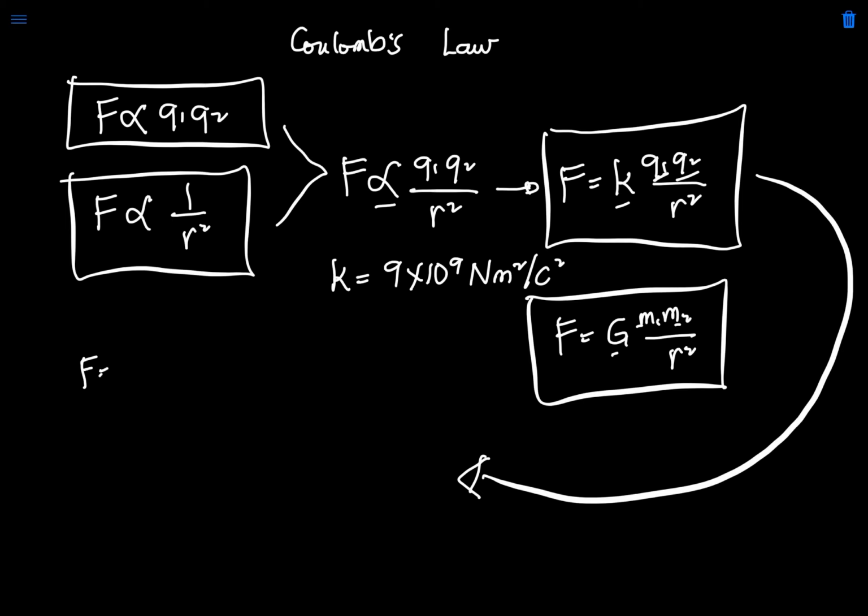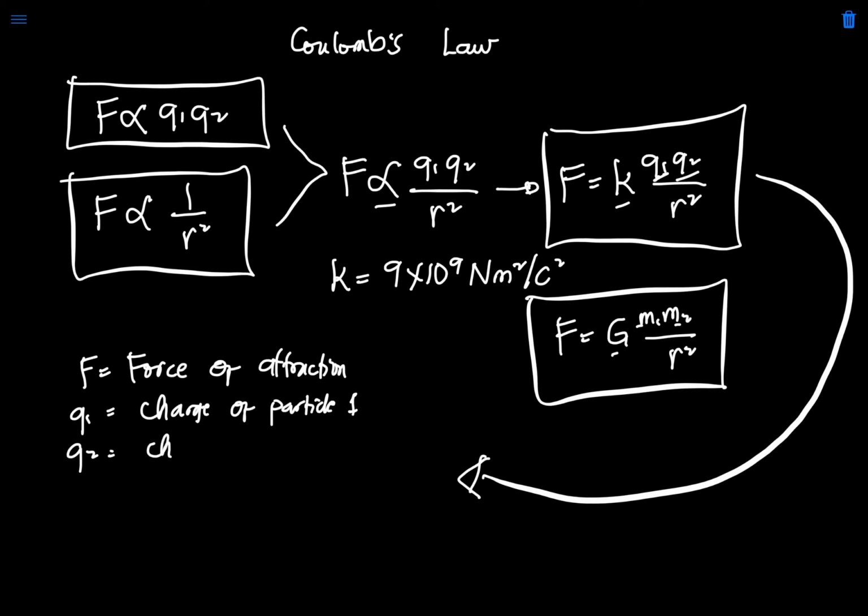F is the force of attraction between two charges, and Q1 is the charge of particle 1, and Q2 is the charge of particle 2, and r means the distance between the two particles.